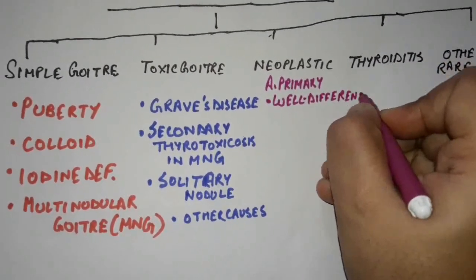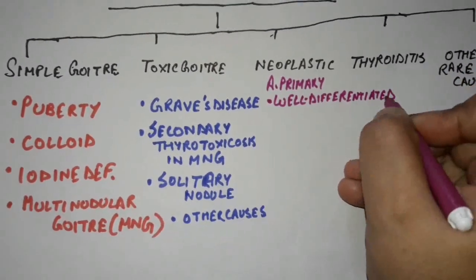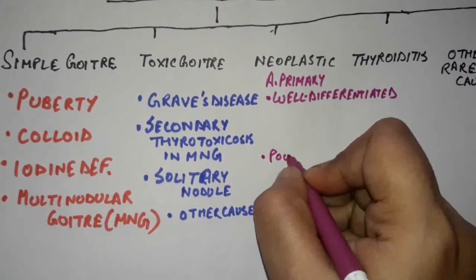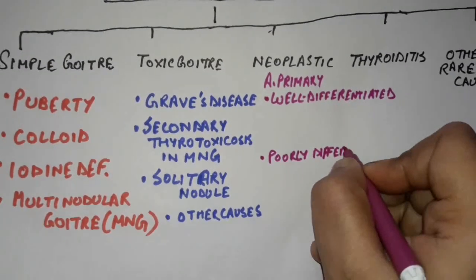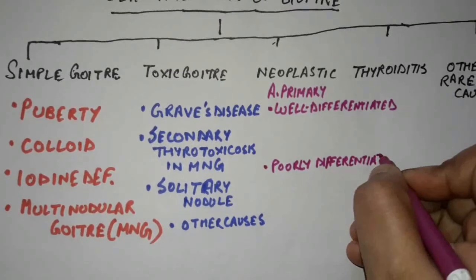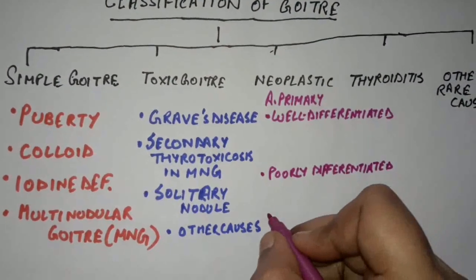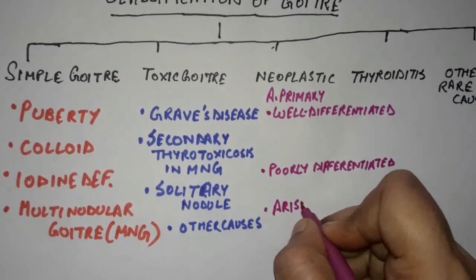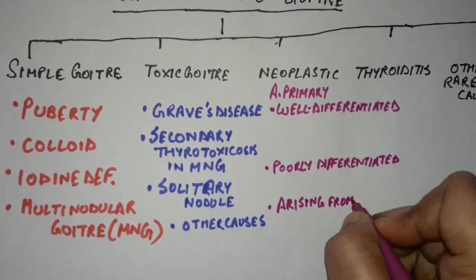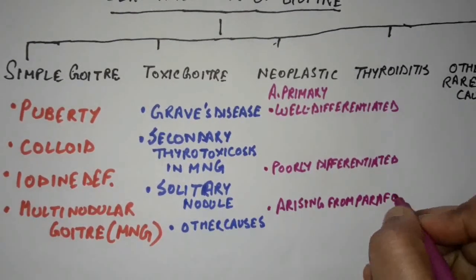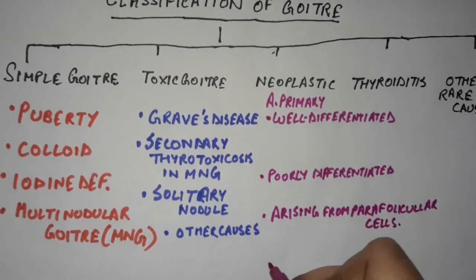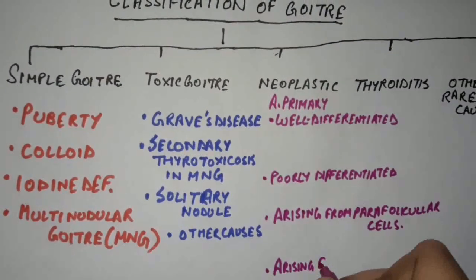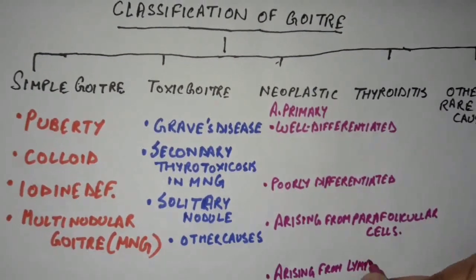So primary can again be subdivided into well differentiated, poorly differentiated, arising from parafollicular cells, both arising from lymphatic cells.